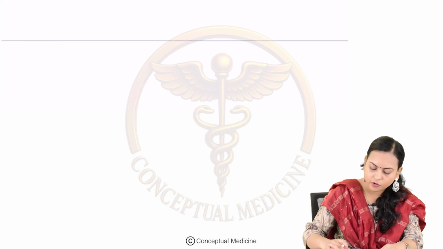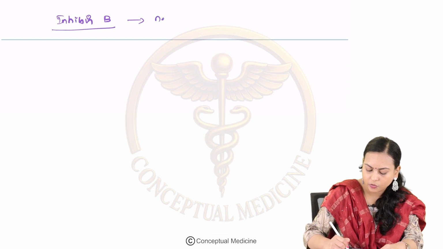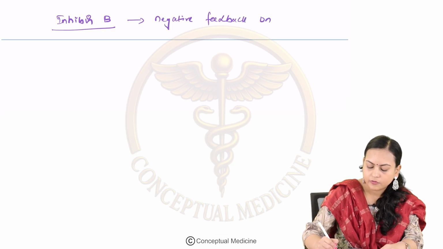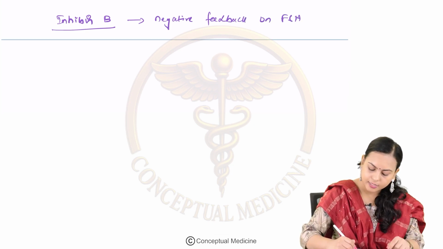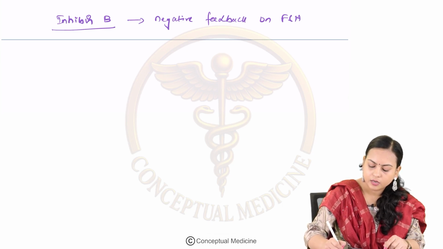And there are two forms of inhibin, inhibin A and inhibin B. Inhibin A is what is produced by the corpus luteum, and inhibin B is going to give a negative feedback on follicle stimulating hormone. And inhibin A is used as a marker in Down syndrome where the levels are going to be reduced.